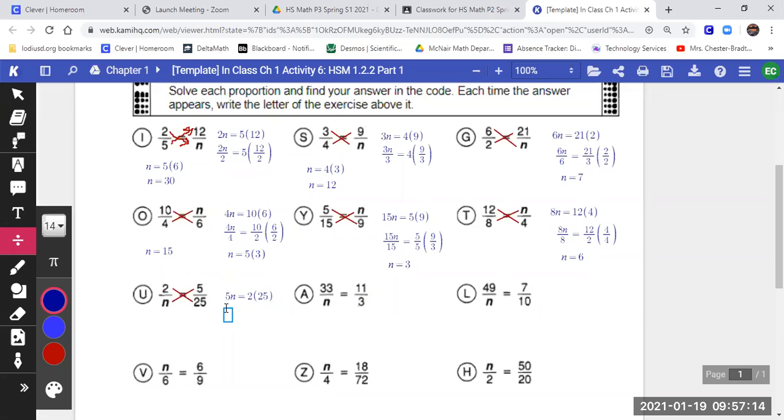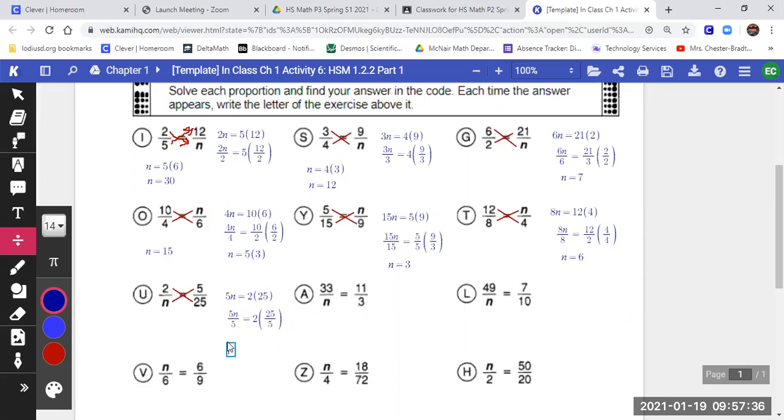Divide the letter side by what? What's our next step? So 5n divided by 5. Okay, got it. Has to equal 2 times the 25 divided by 5. This one was super obvious. We knew there was only one of them that would divide, and it did divide evenly.